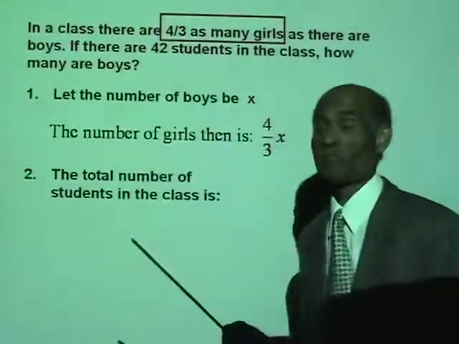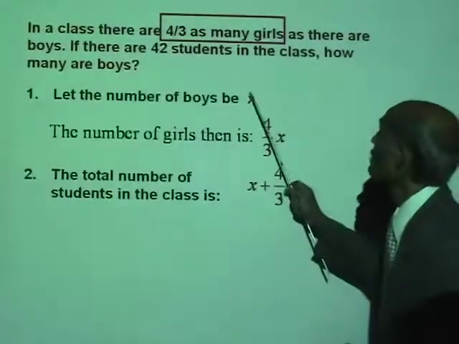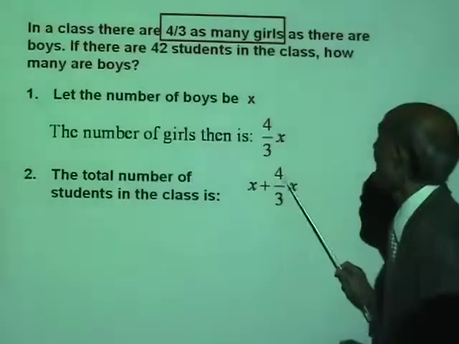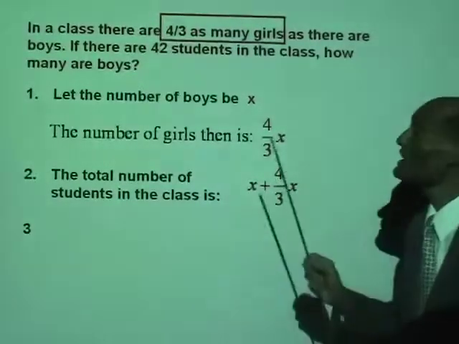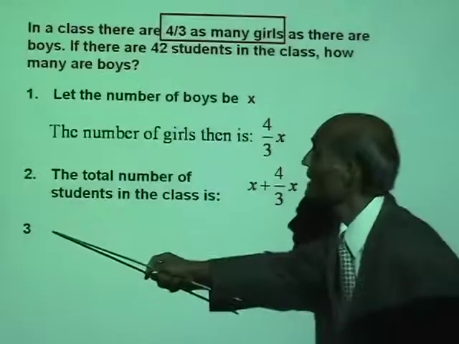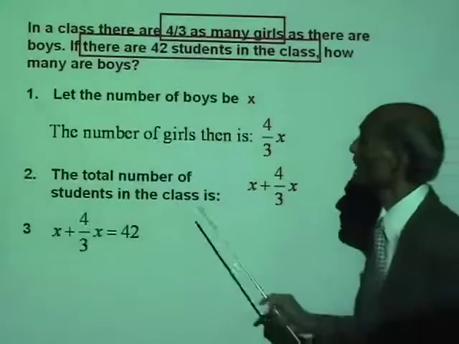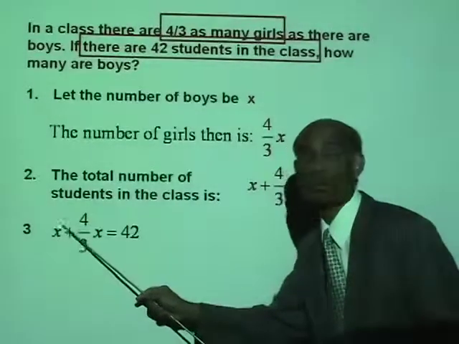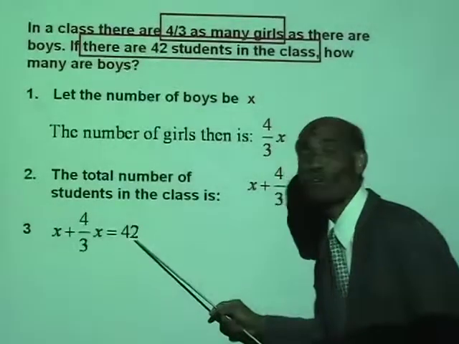The total number of students in the class, therefore, is the number of boys added to the number of girls, and that is given to be 42. Can you write down the equation now? The equation is the number of boys added to the number of girls equal to 42.